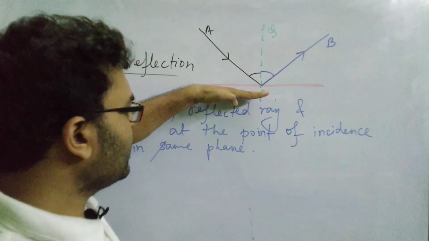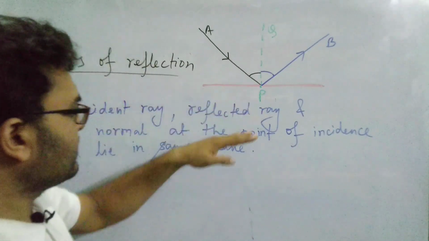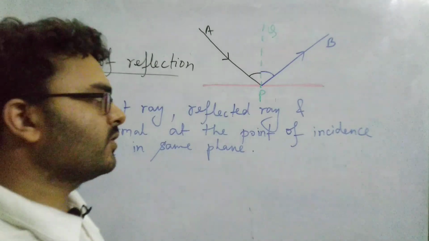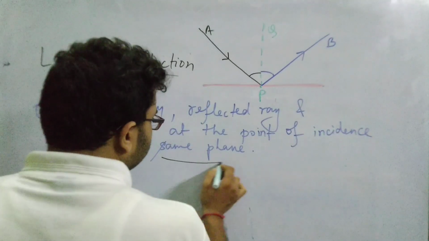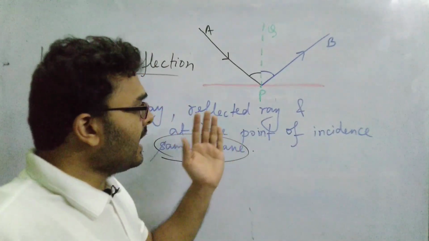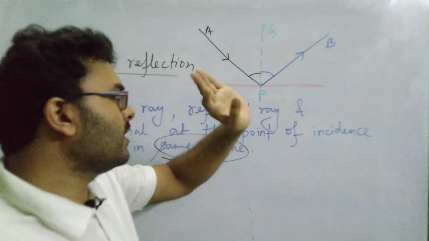Is the plane denoted by my hand the same plane? No, it is not. When we are talking of all lie in the same plane, here the plane is indicating the plane along which the incident light is falling and along which the reflected light is going out.